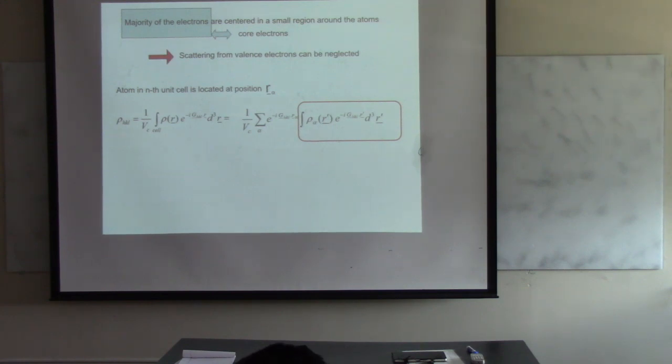Now, this is my R, and this is my origin. So this R you can write as R alpha, but this is not a point charge, please remember. This is an electron distribution, right?